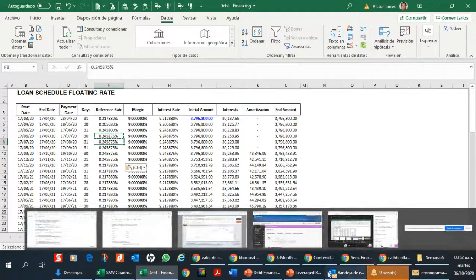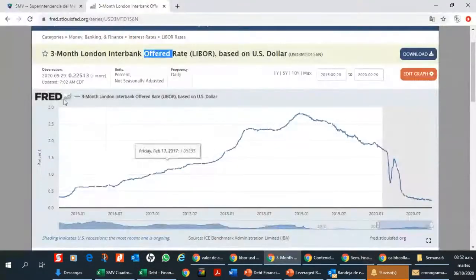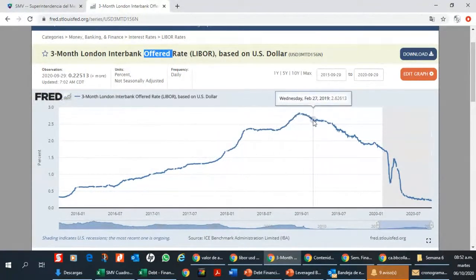What I wanted to highlight, and the question that is usually brought, let me just show the LIBOR once again, is why somebody would decide to go with this structure that has so much variability in terms of getting the financing. Why not opt for the fixed number that you can get, which eliminates the uncertainty about how much you're going to be paying?